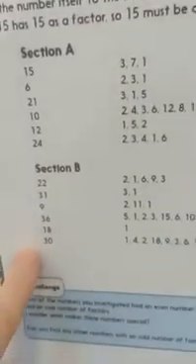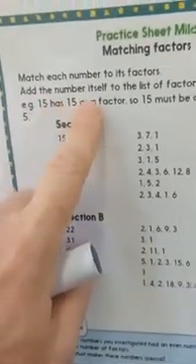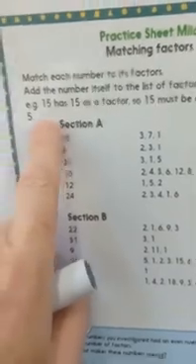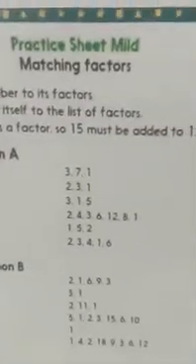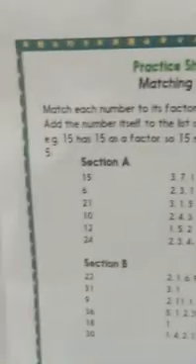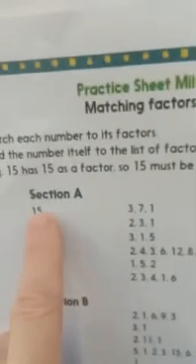This is the mild one. You've got section A, section B. Match each number to its factor, add the number itself to the list of factors. So, for example, 15 has 15 as a factor, so 15 must be added to 1, 3, and 5. So you link up 15 to 3, 1, 5, and then you can add 15.